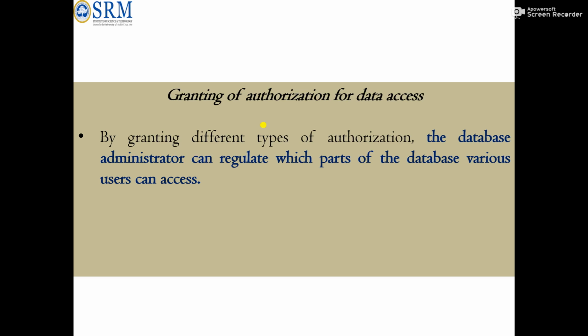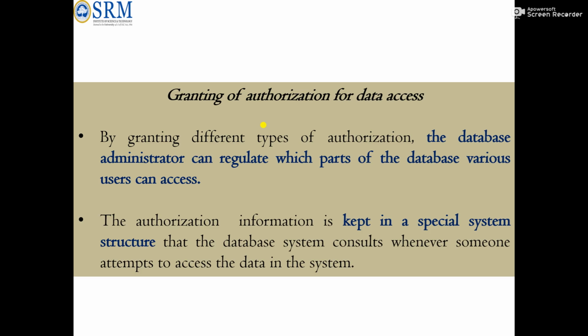I am one of the users of our university, but I am not authorized to access the complete database. This can be done only by granting the authorization for data access.